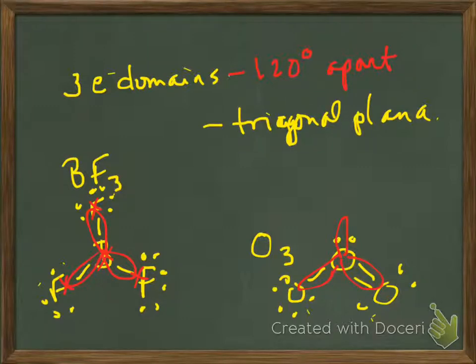Remember, lone pairs count, but it only has two atoms attached. So this would be bent. Because this lone pair has a greater repulsive force, this angle is going to be less than 120. You don't need to know exactly what that is, just that it will be less than 120, because that lone pair pushes those down farther.